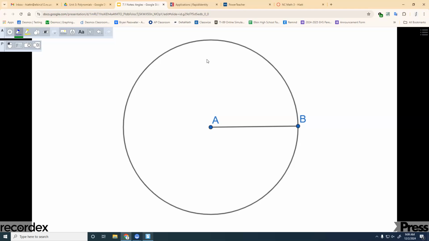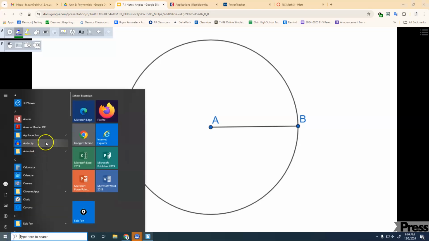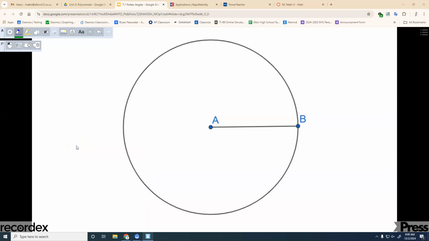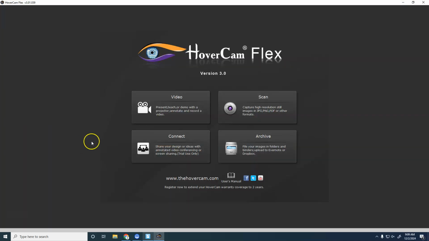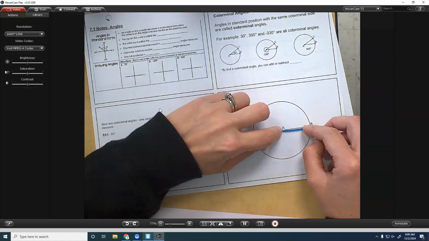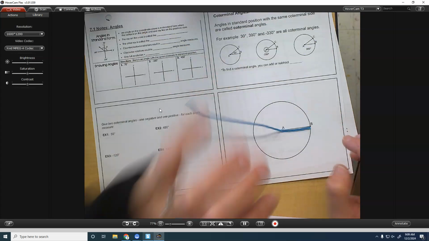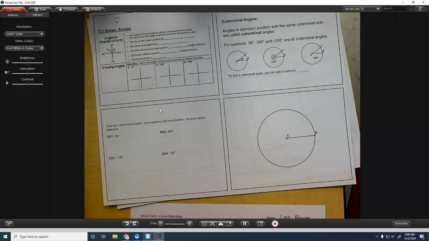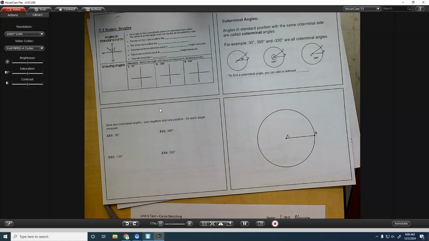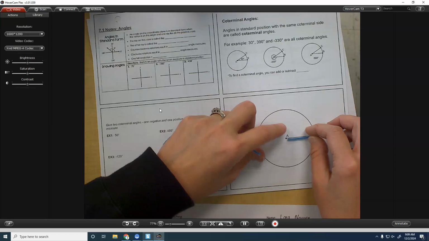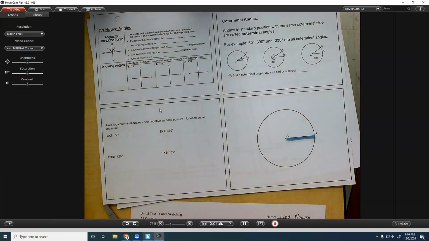That'll be better. All right. So. Turn on the document camera here. Alright, so you need to measure out the same length as the radius of that circle, and you're going to cut your string to that length. There, so you should have a little piece of string that is that length of your radius.